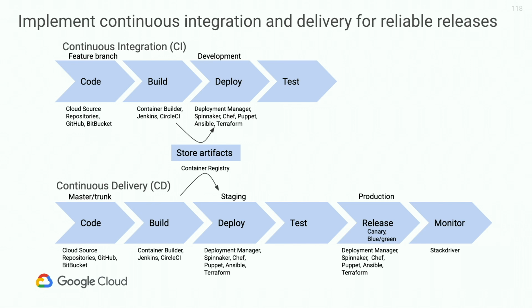Once the approval is done, the next step will be triggered, which is deployment to the production environment. For deploying to production, you should consider two ways to do so. The first is Canary. The second is blue-green release, depending on your strategy.